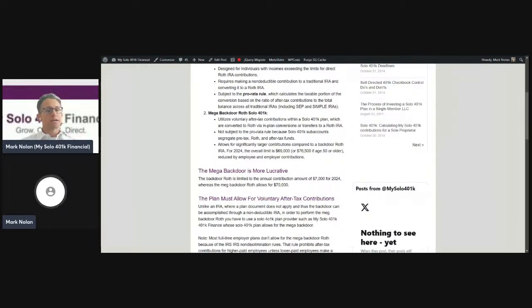You then convert those funds in that voluntary after-tax bucket to the Roth 401k or Roth solo 401k, or you can convert it to a Roth IRA. So that entire voluntary after-tax bucket has to get converted.